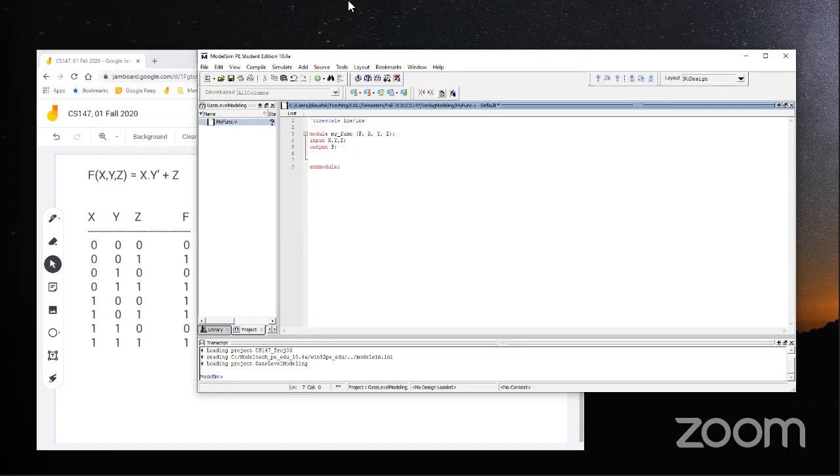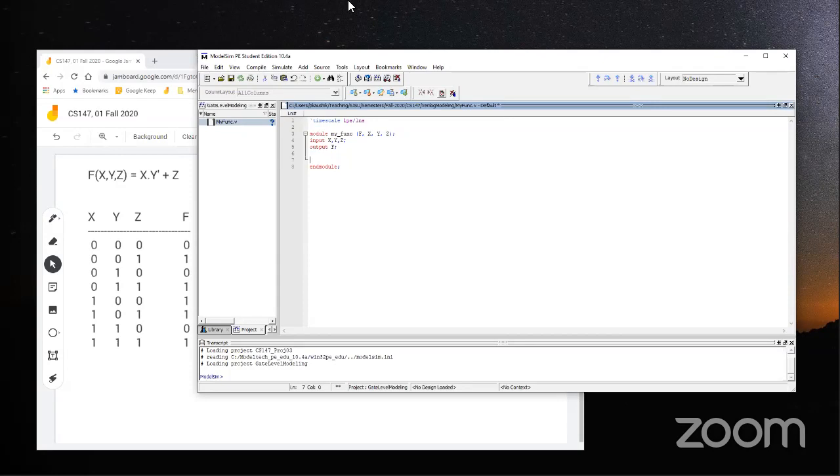This function on a logic gate scale becomes an AND with X and an inverter with Y, and that is connected with Z, and this is my F. So this is the one I want to implement at the Verilog level.